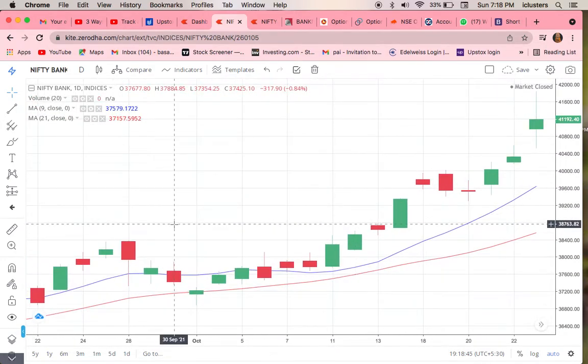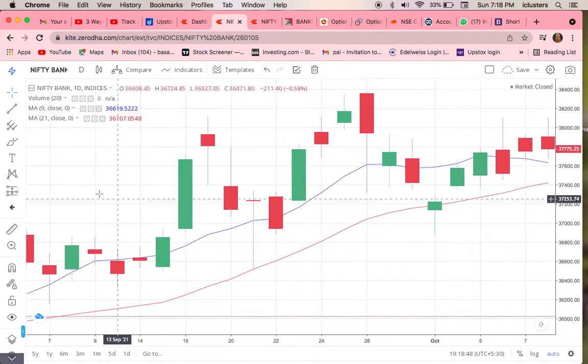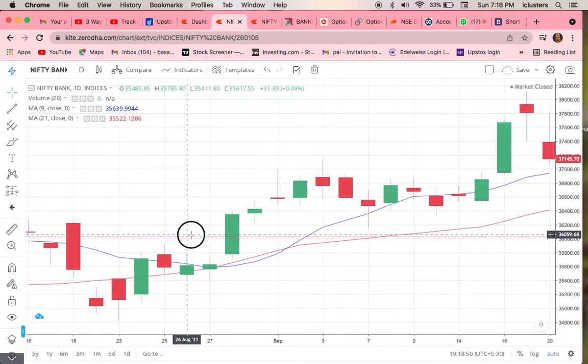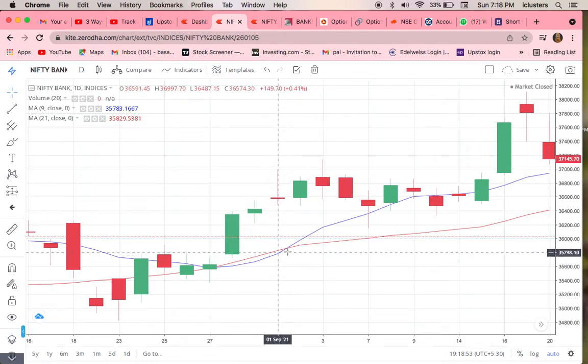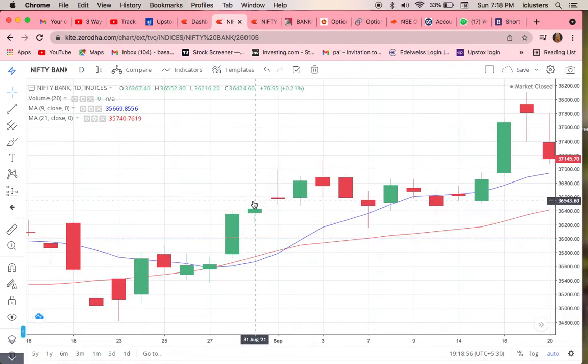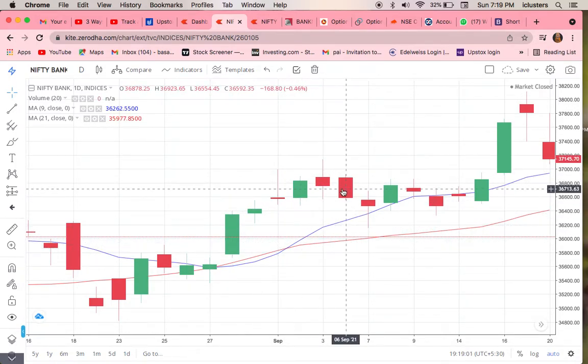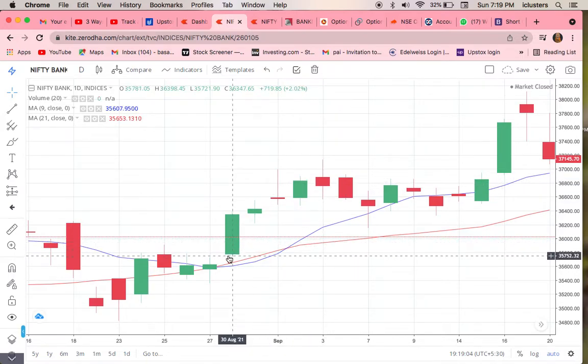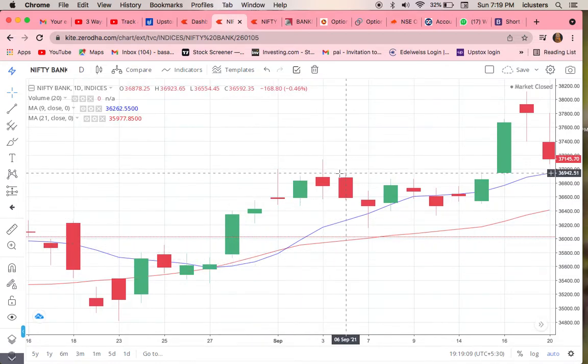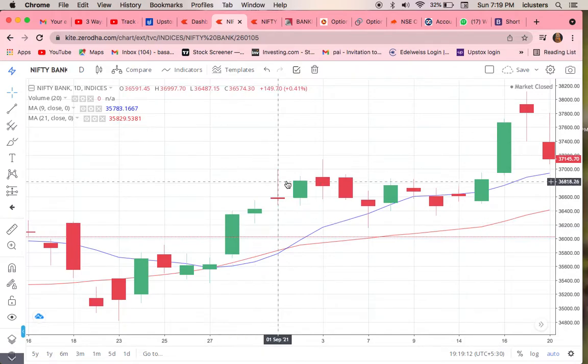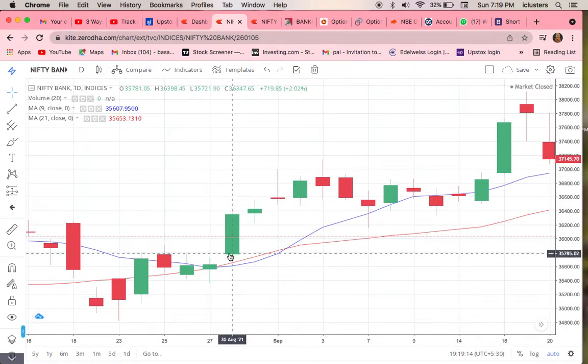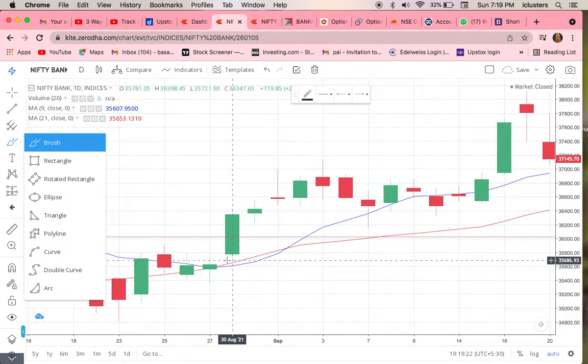Once these two lines come near each other, the 9 days moving average and the 21 days moving average, and candles are creating above those two moving average price lines, that means it is a sure uptrend move. Then we can take the call option from here.